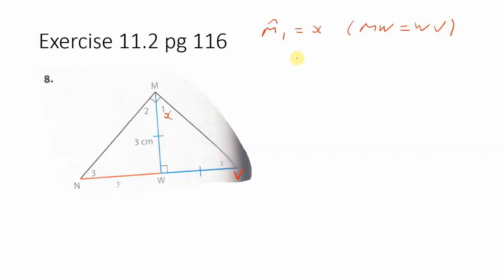Now I can make the statement that in the small triangle, the inside angles have to add up to 180 degrees. So angle x plus 90 degrees plus angle x is equal to 180 degrees. The reason being angle sum of triangle, and since there is more than one triangle, I will classify this one as MWV.